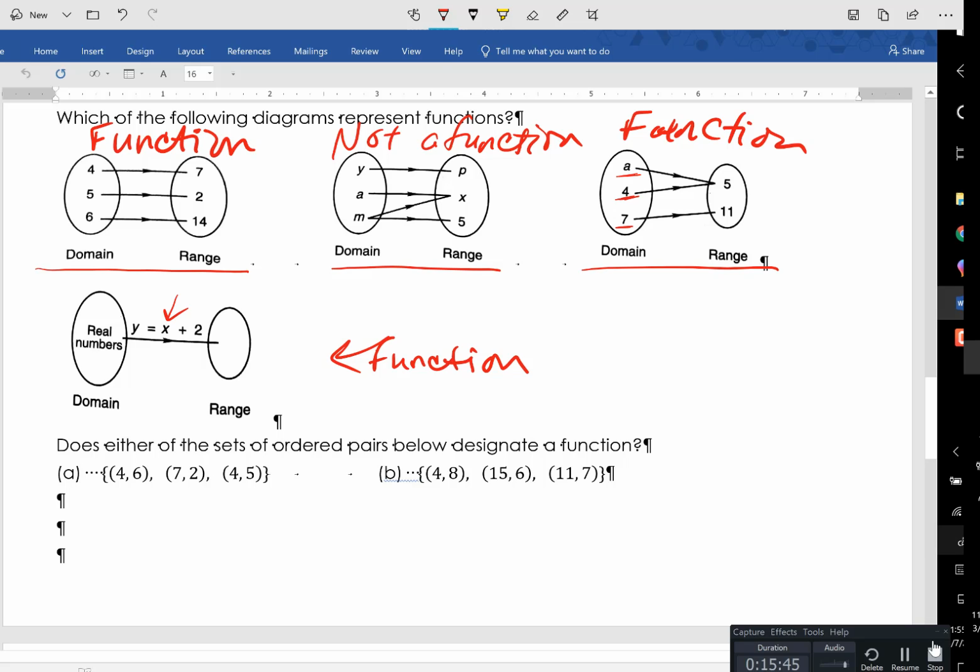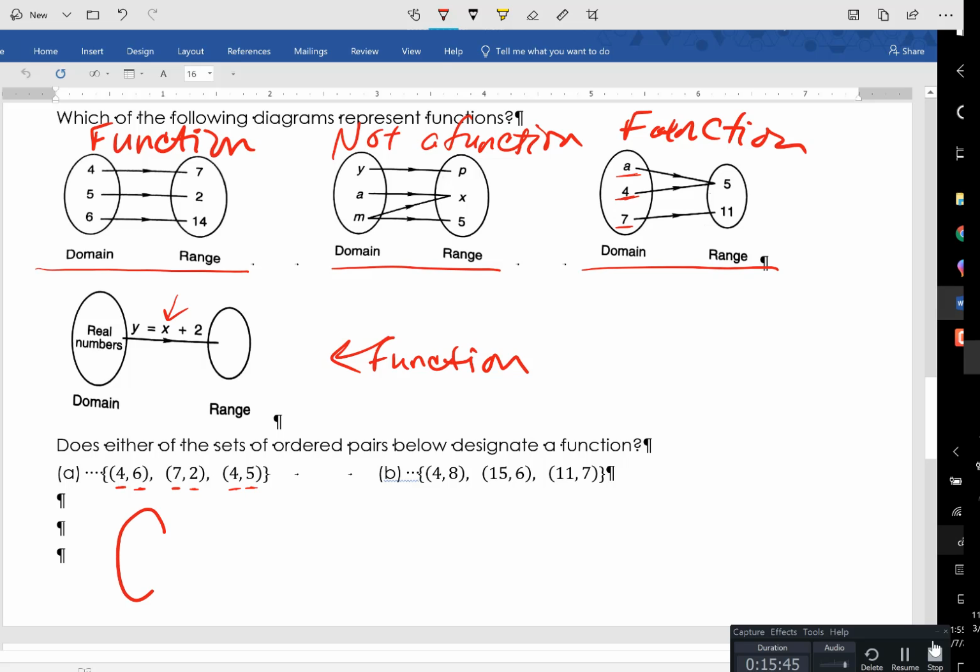All right, let's look at these two sets of ordered pairs and see if they are functions. Look at the first set. 4 goes with 6. That's fine. 7 goes with 2. That's good. 4, that's the same number as right here. It's now going with 5. So you have one member of the domain, 4, which matches to two different members of the range, 6 and 5.